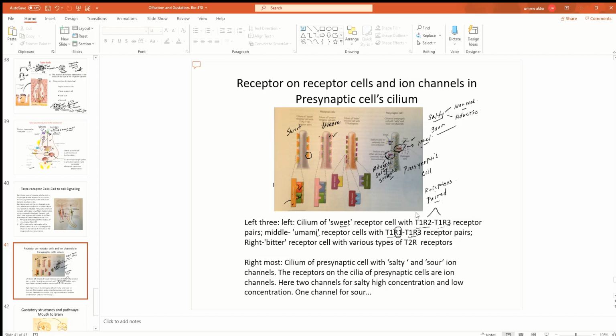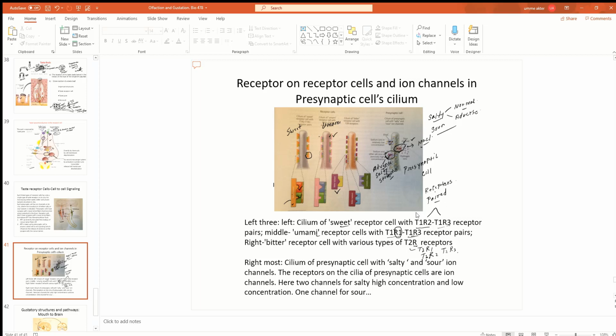And for bitter, you have something very different. It's not a paired type receptor. It is a single receptor, T2R. And it could be T2R1, T2R2 and T2R3, so three different types.